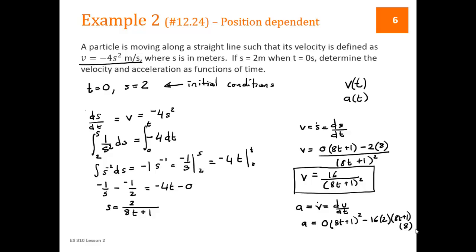Then divided by the bottom squared, so 8t plus 1 squared. There's 8t there, and that 8t will cancel. And we can simplify this then into 256 divided by 8t plus 1 cubed. And that then is the other part of this answer.